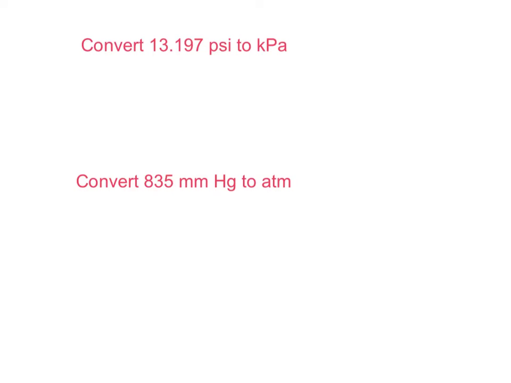I'm going to go through a couple conversions for pressure using that chart that we just went over. If it gives you 13.197 PSI, and convert it to kPa, kilopascals, then what we're going to do is one simple little action line. 13.197 PSI, and then we're going to change that PSI.